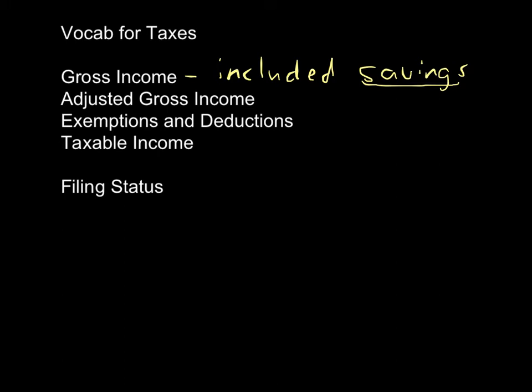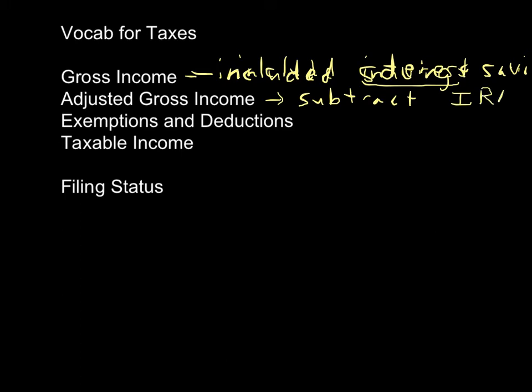Okay, adjusted gross income is going to be your gross income, take out any non-taxable part. So usually it's subtract out any kind of retirement that you do, and I'm going to put IRA for abbreviation. Okay, individual retirement account.